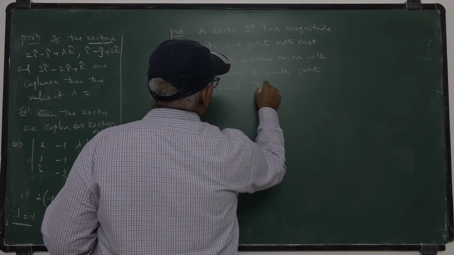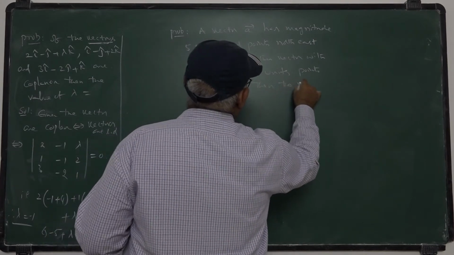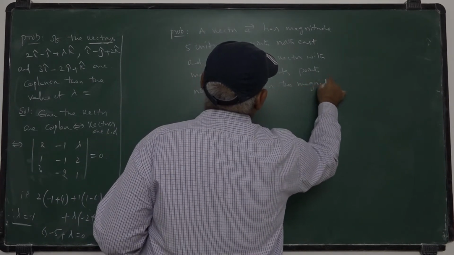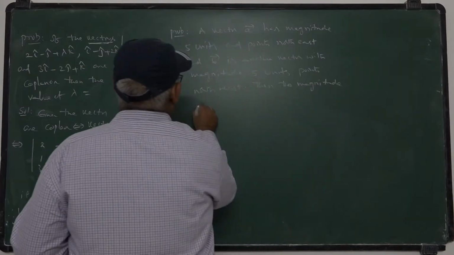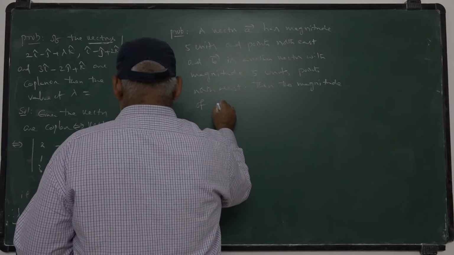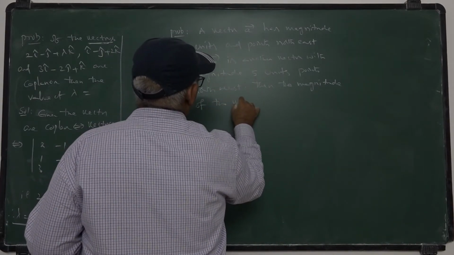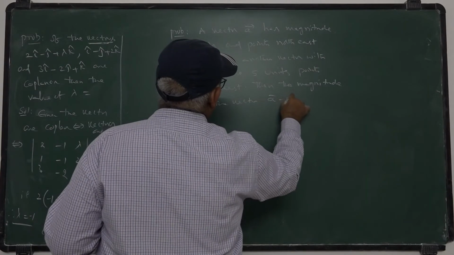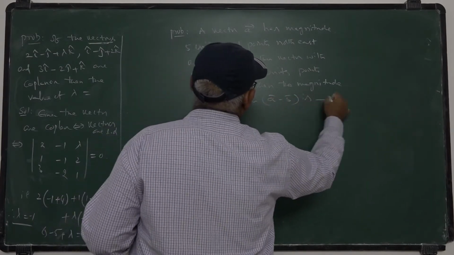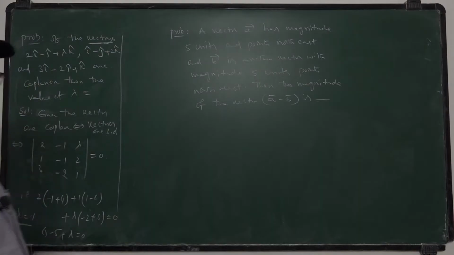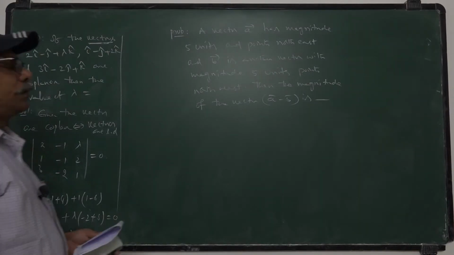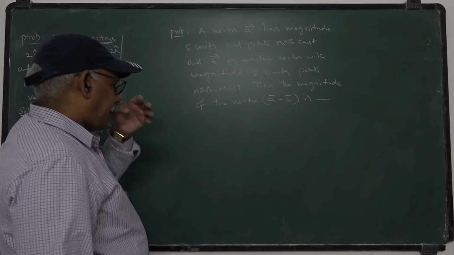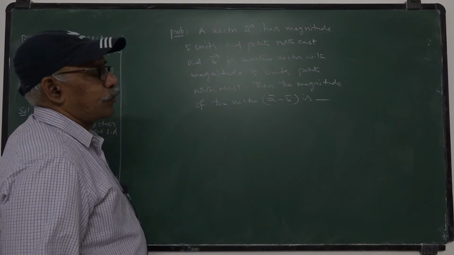Then the magnitude of the vector A bar minus B bar is. This is a simple application, a simple problem related to addition of vectors.